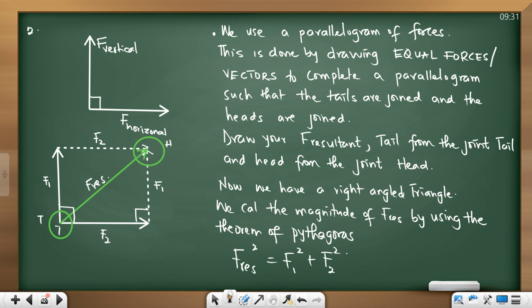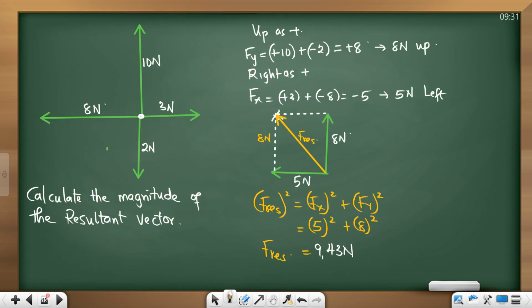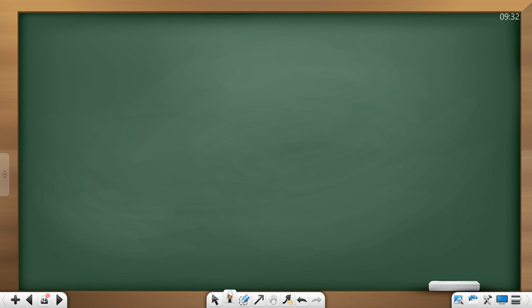Now, we want to deal with the direction. How do we get the direction? So now we are dealing with what? Direction of the resultant vector in 2 dimensions.